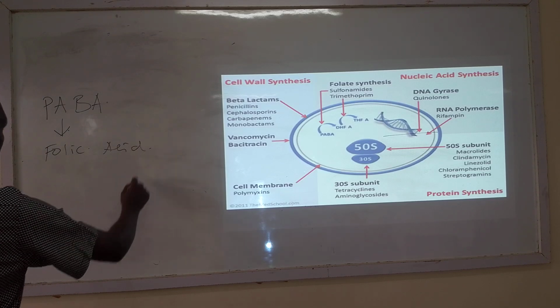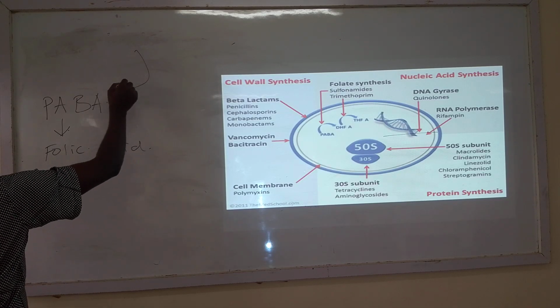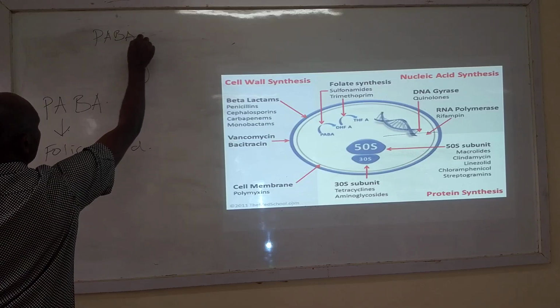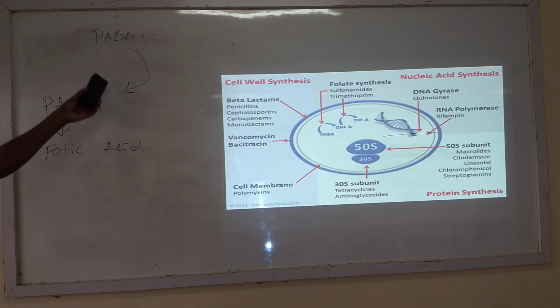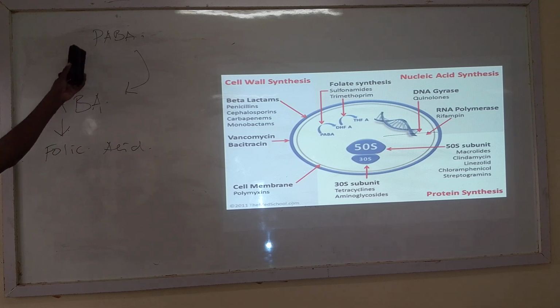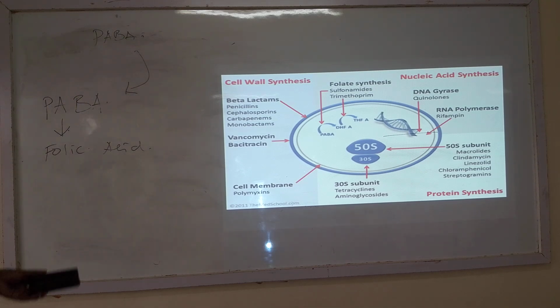So what happens is our antibiotics bring in another PABA, which is artificial. So when artificial PABA is incorporated in this pathway, then the process is altered. The process of production of folic acid is altered because this antibiotic has brought a false PABA in this process.